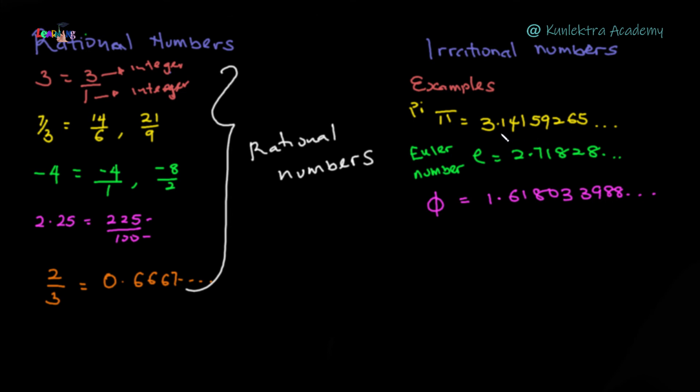Looking at pi, this is a constant. It can't terminate. It is continuous. Euler's number too is continuous. The golden ratio is also continuous.